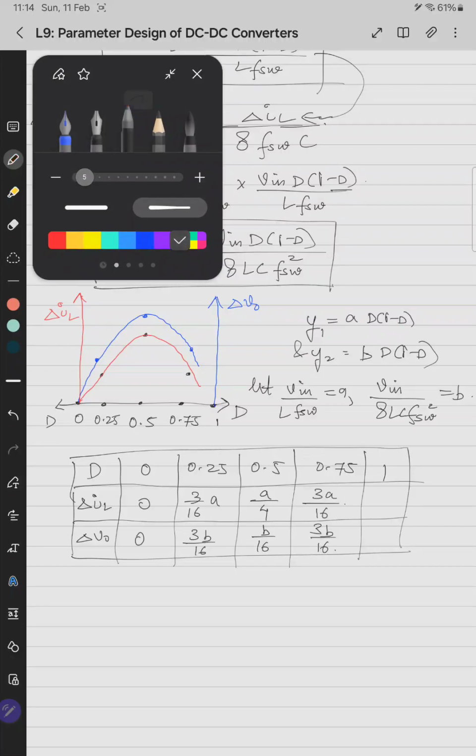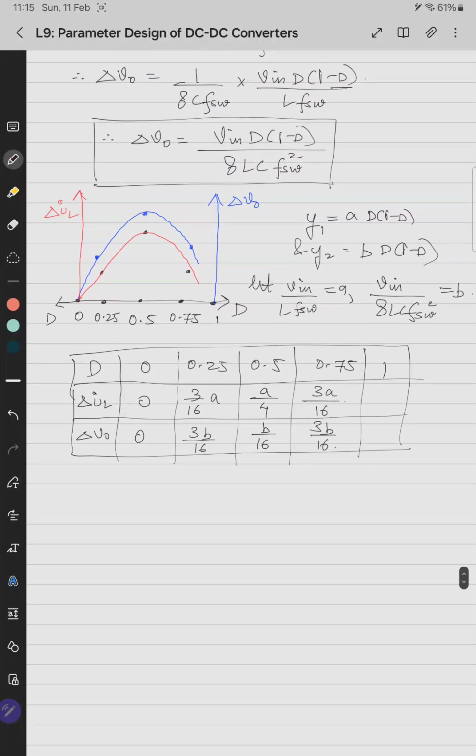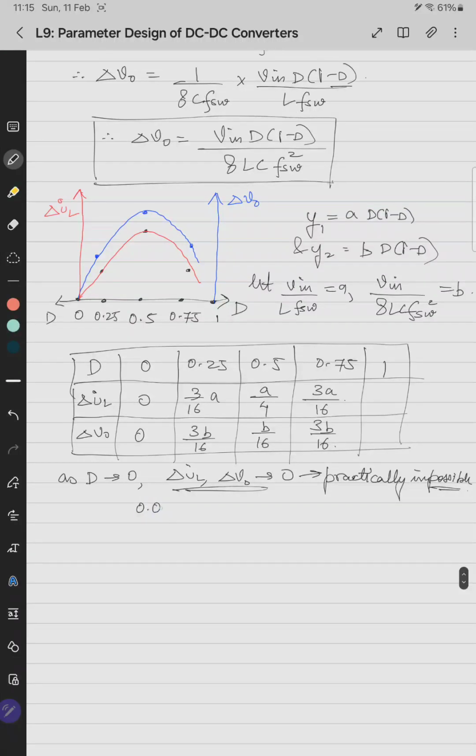So what you observe is that as d tends to 0, the ripple delta IL and delta V naught tends to 0. But this is practically impossible. So you should have some minimum duty ratio, let's say 0.001. As the duty ratio increases from 0 to 0.5, it increases in a non-linear fashion.